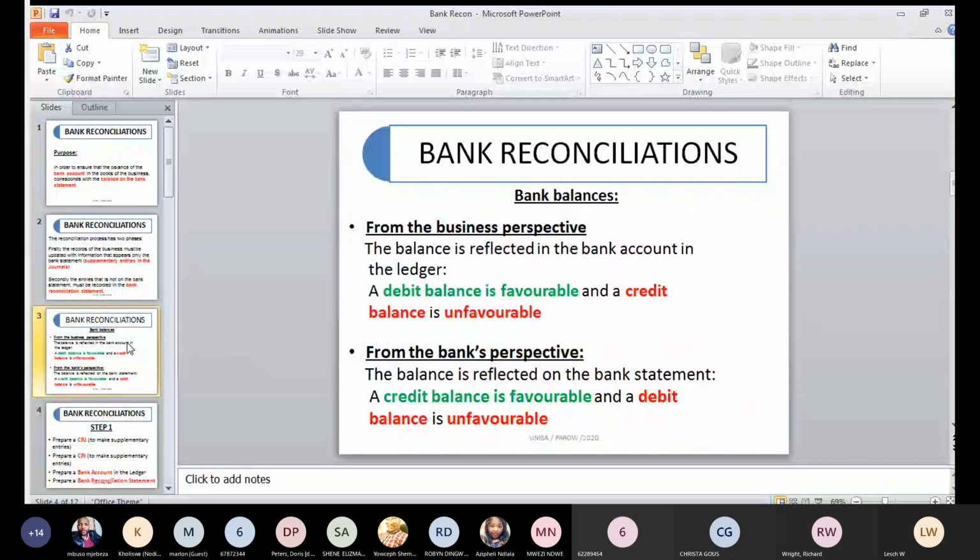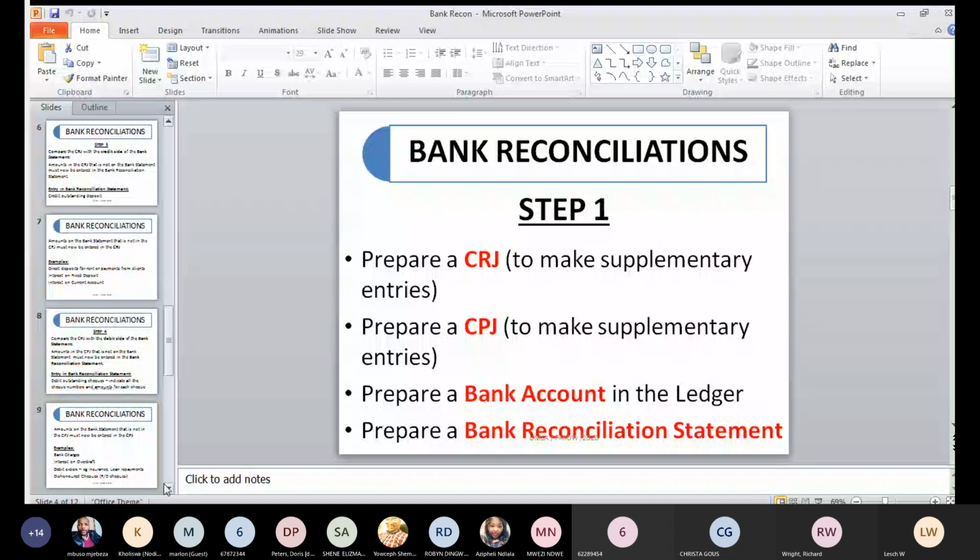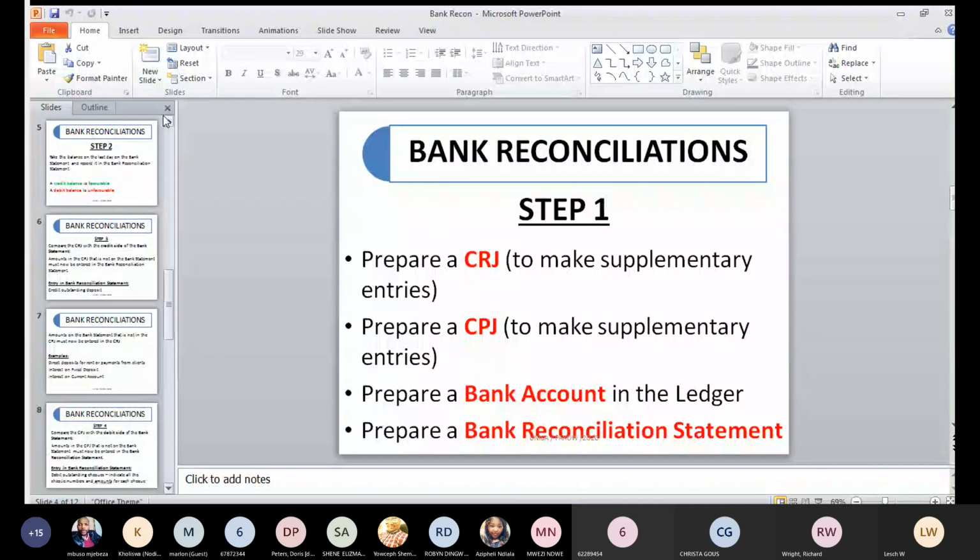So let us take a look at the steps that we need to follow when we do bank reconciliations. So step number one, the question would want you to prepare a cash receipts journal, a cash payments journal, a bank account in the ledger and a bank reconciliation statement. Right.